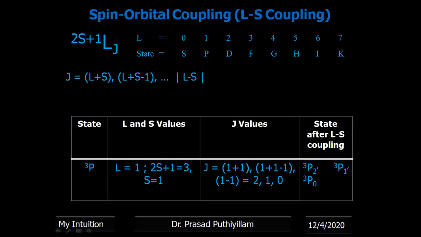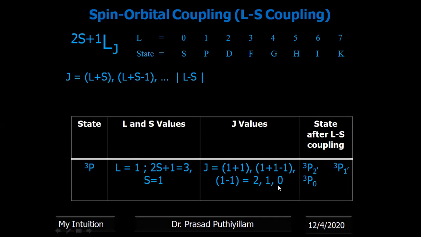So for a state 3P, P means that L equal to 1. 3 means 2S plus 1, 2S plus 1 is equal to 3. Therefore, L equal to 1, S is equal to 1. J values are calculated as 1 plus 1, 1 plus 1 minus 1, 1 minus 1. Therefore, it is 2, 1, 0. 1 minus 1, that is 0, is possible.